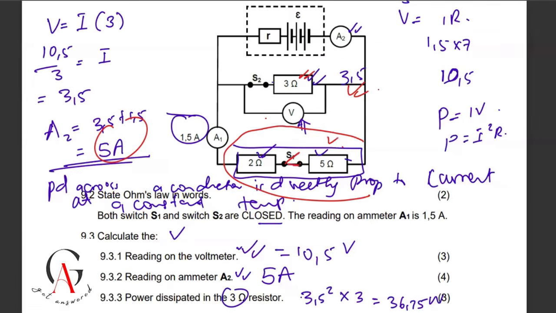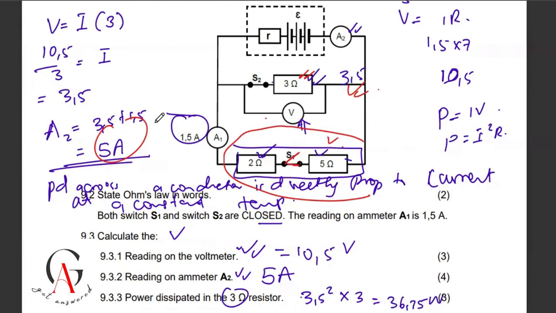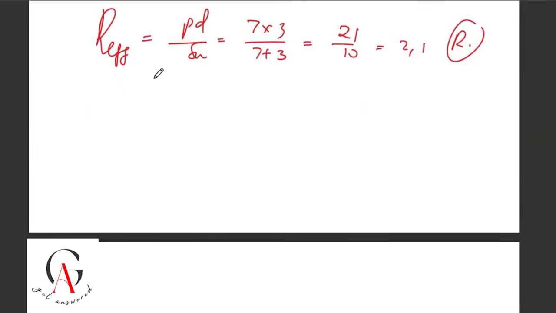Then we know that the EMF is going to be the current before everything got messed up, times 2,1 plus R. Is that going to make sense?